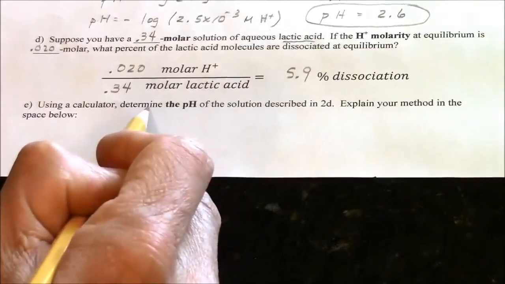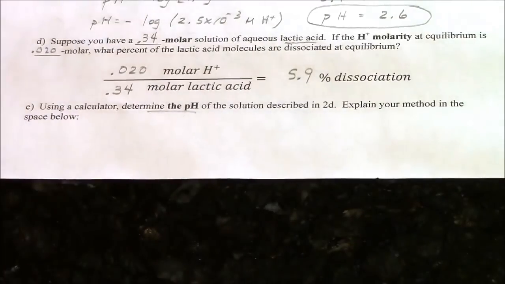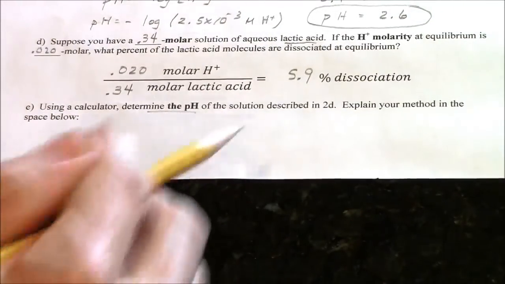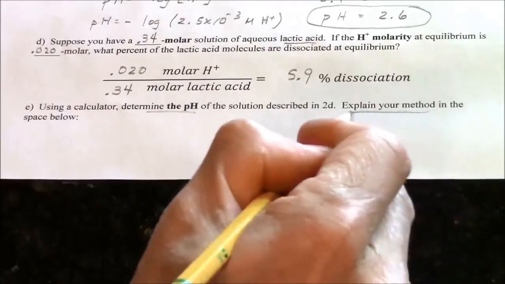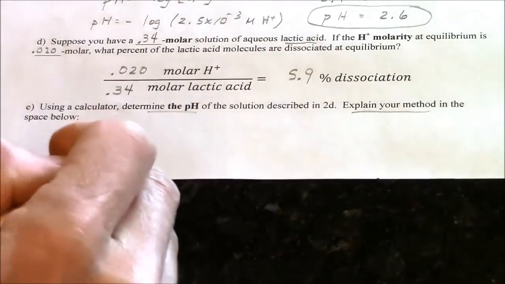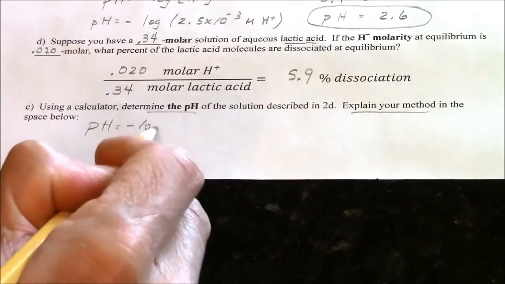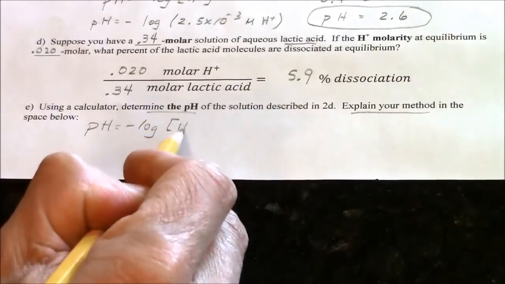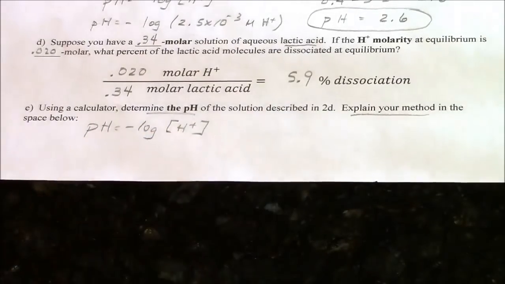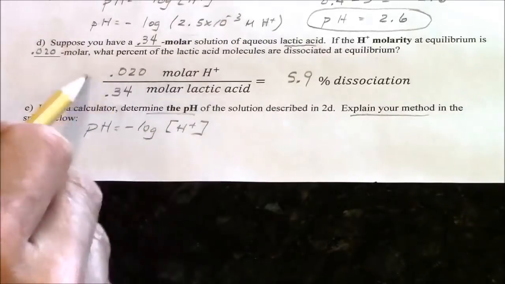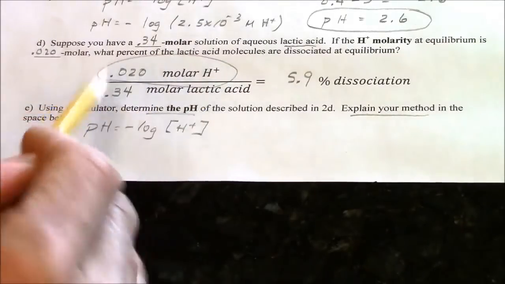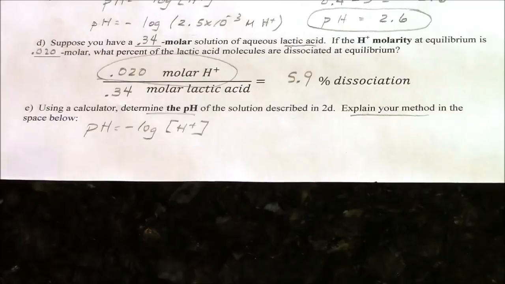Last question says determine the pH. You should know how to do that. Explain your method. If you're using an equation, you write the equation. pH equals minus log H+ ion concentration. In this case, the H+ ion concentration is 0.020 molar.